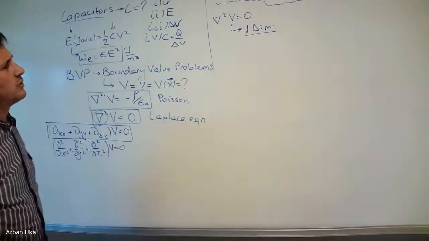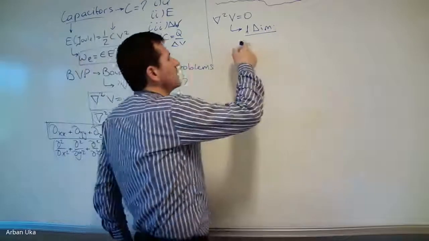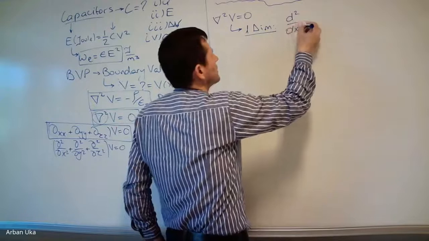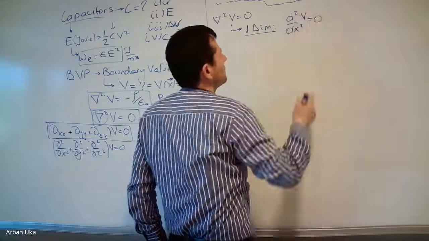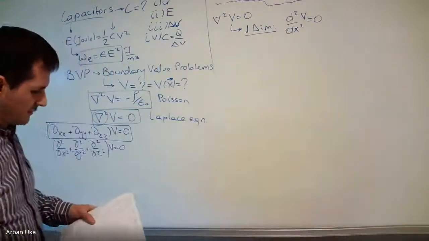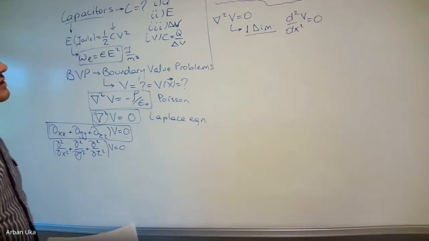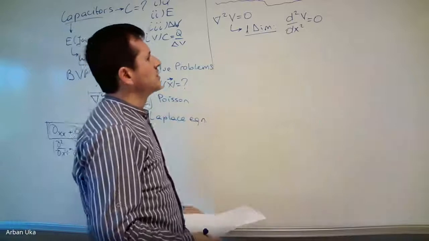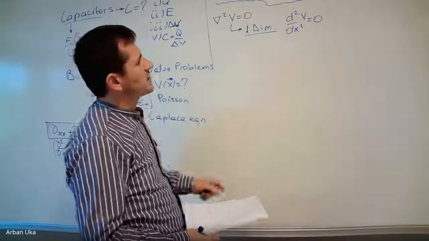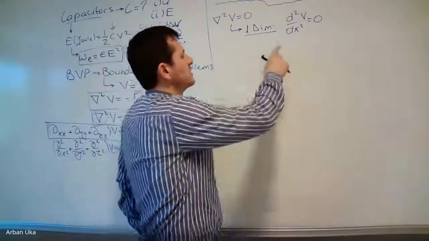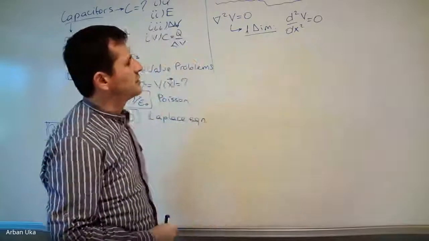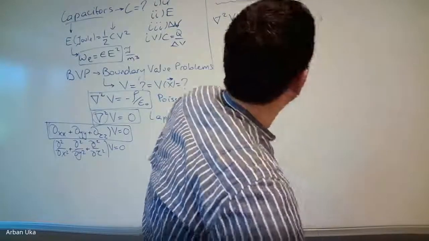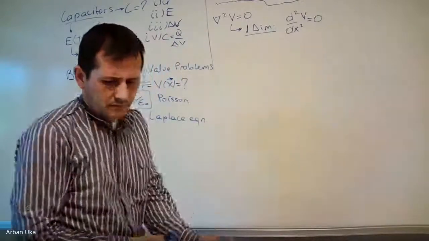When we talk about the one-dimensional case, we're talking about the second derivative with respect to x of the potential, which would be equal to 0. The solution of this second order derivative can be easily found because we can integrate this expression twice. So the second derivative with respect to x is 0, and we integrate it once.